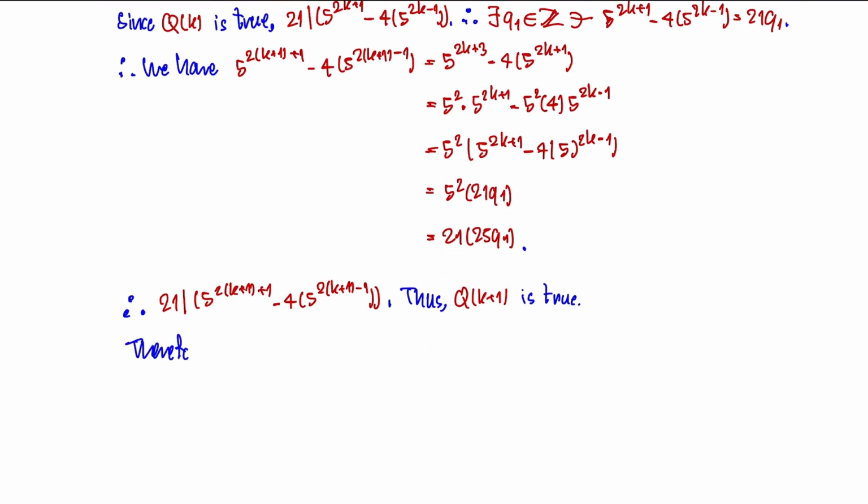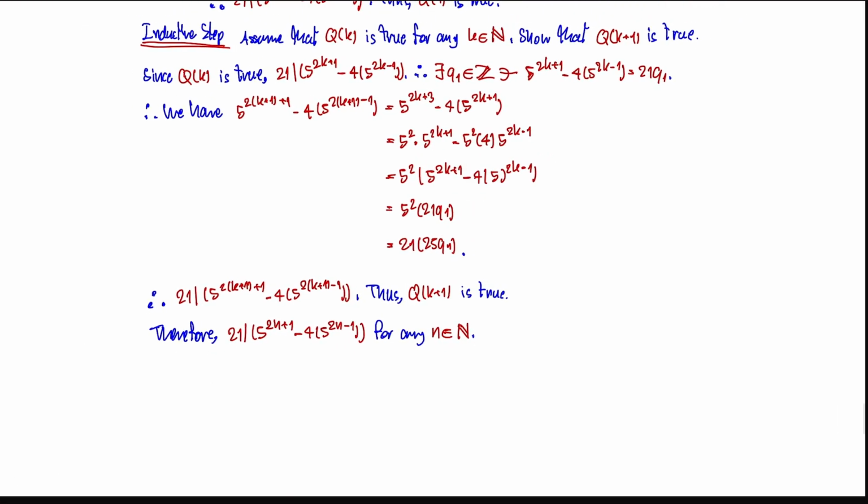Therefore, 21 divides 5 to the 2n plus 1 minus 4 times 5 to the 2n minus 1 is true, which means that this number is divisible by 21 for any positive integer n.